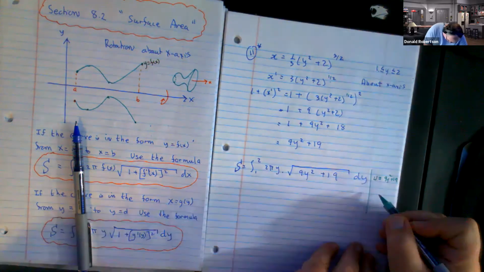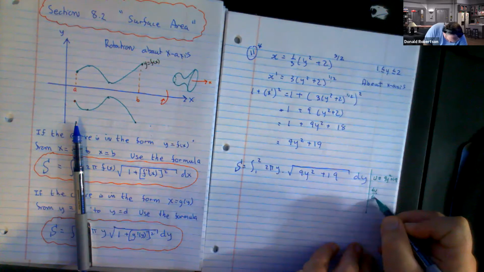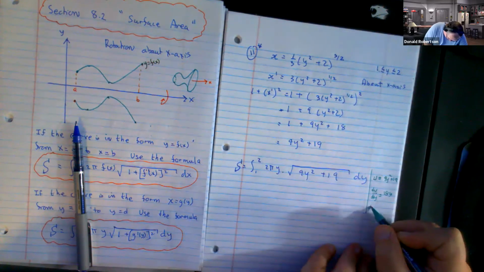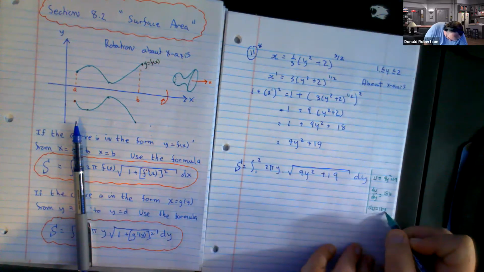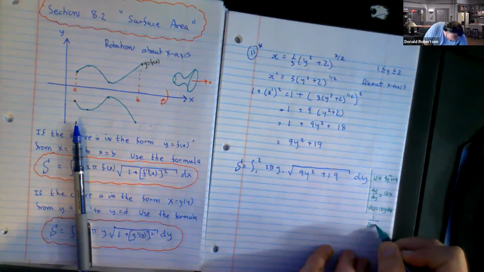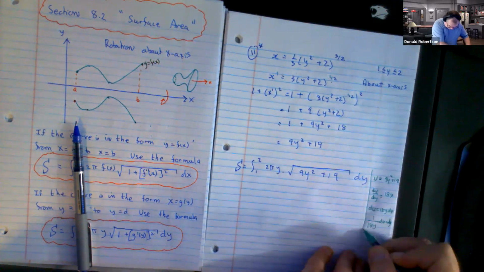Right. If you differentiate with respect to y, you get 18y, you do the crossover, and then you divide both sides by 18y to isolate the dy.